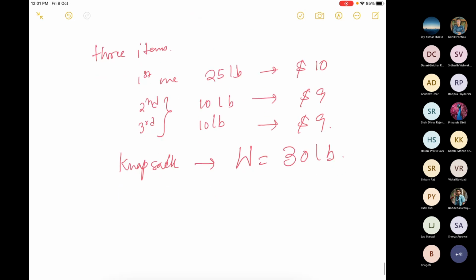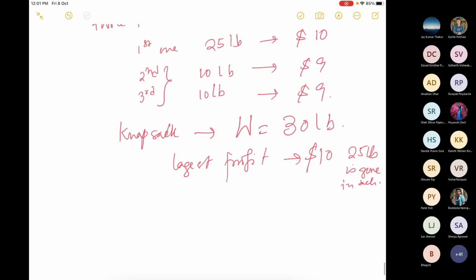So if you go by the largest profit, then what will happen? You will earn only $10, the largest profit that you can earn, and 25 pounds is gone in the sack. So you cannot take anything more. However, obviously, this is not the best strategy here.